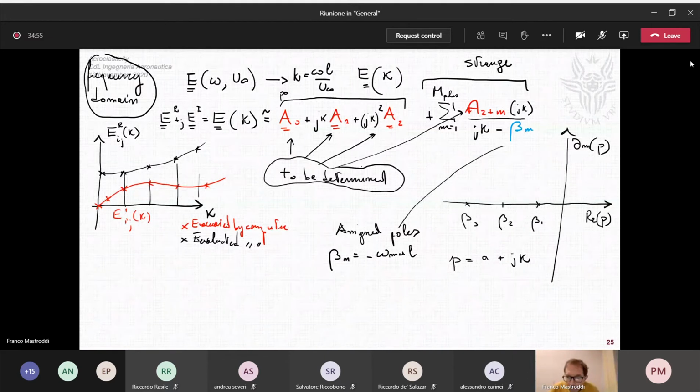Okay, so this pole is assigned and is equal to a maximum frequency of your problem.